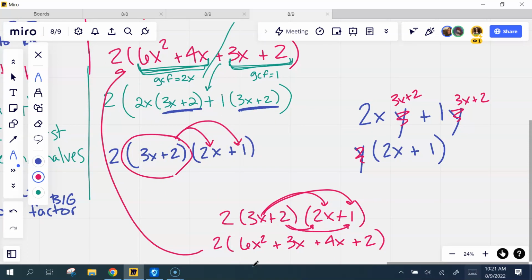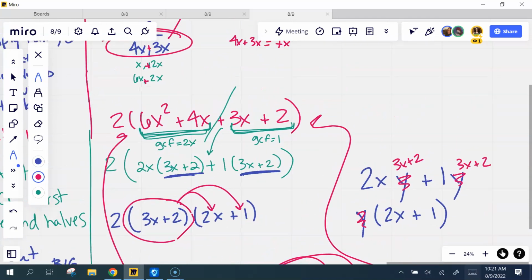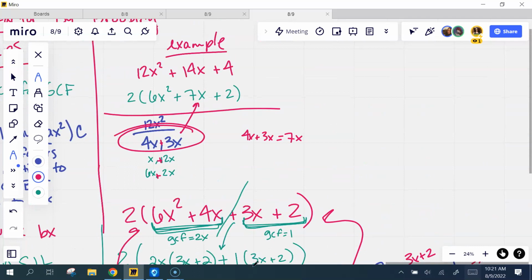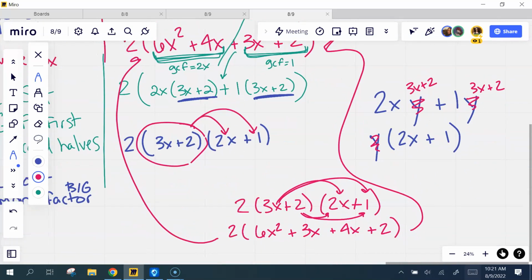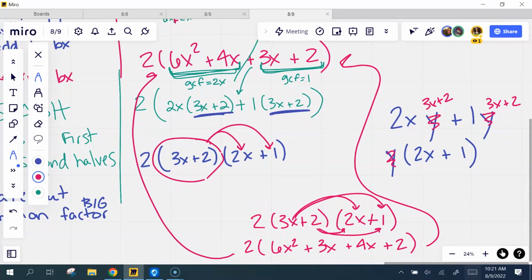It's the backwards of the multiplying. Now, if I combine like terms here, I'd be back up to here. Then if I distributed that 2 through, I'd be back up to what I started with.